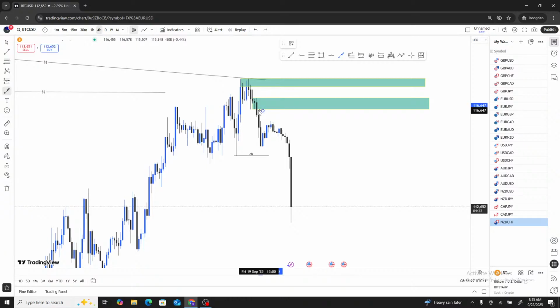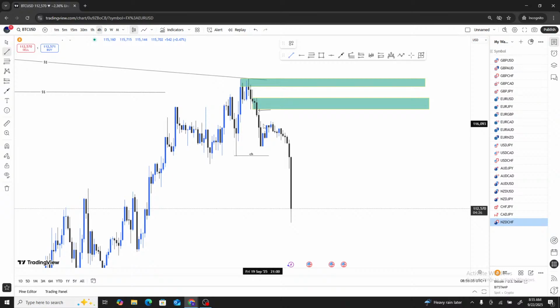We have an imbalance and we have liquidity resting before the order block.